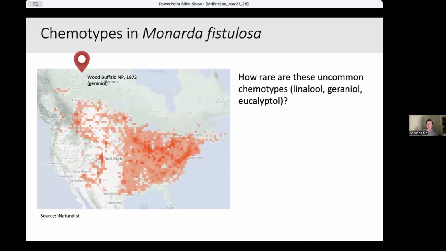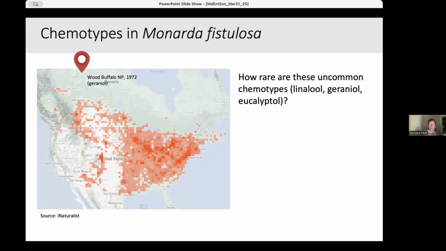And for a long time, this was thought to be actually vanishingly rare. So in the 70s, people up in Wood Buffalo National Park in northern Canada came across a couple of these geraniol producing plants, ones that smell like lemon, and thought it was just a sort of fluke mutation leading to this one population.